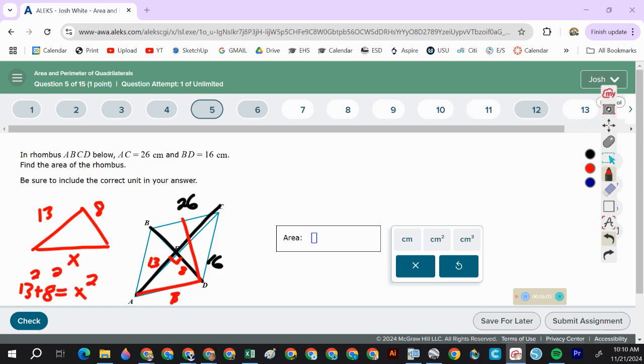So that's 169 plus 64 is 233. And we take the square root.